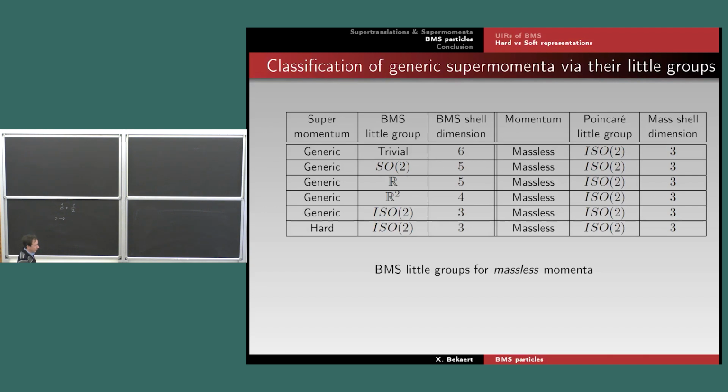That's a bit weird, but there are some supermomenta which project to massless momentum, which have a BMS little group ISO(2), like the Poincaré little group of massless momentum, but nevertheless these supermomenta are not hard. They contain a soft piece. So this is a bit exotic. And finally, there are the hard supermomenta, and again, this just coincides.